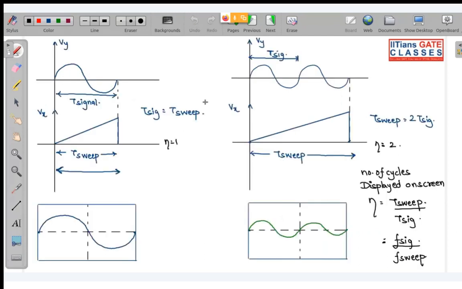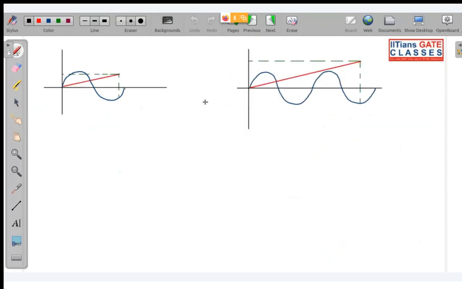Okay, fine. So we have a few kinds of errors also, which I haven't discussed yet, but now we are going to see. This red color signal is your sweep signal, and this blue color signal is your unknown signal.